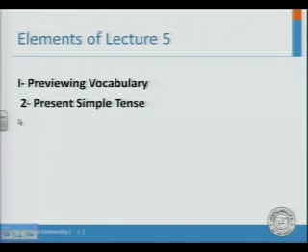Then about simple present, we will see how we can write the negative form of a simple present sentence. After that, we will move to forming questions on simple present sentences.